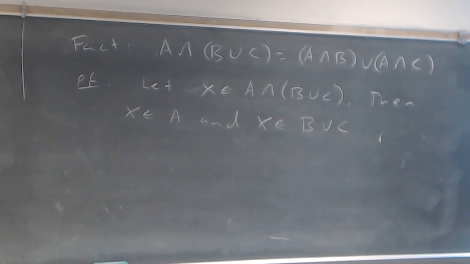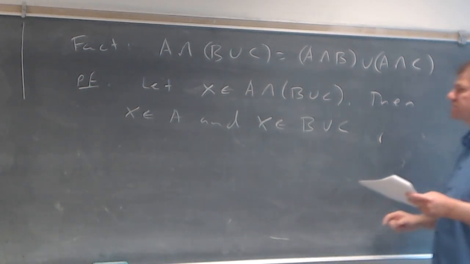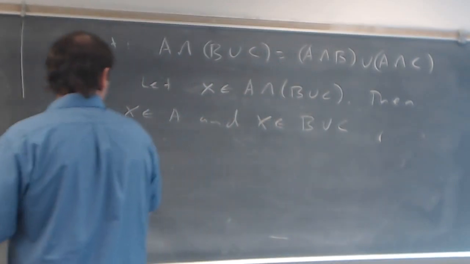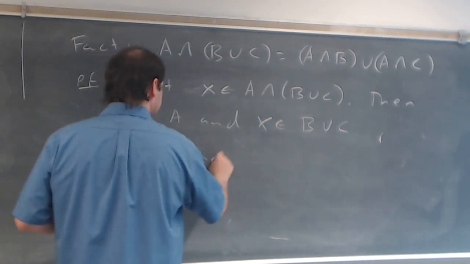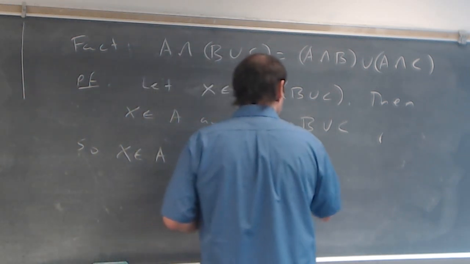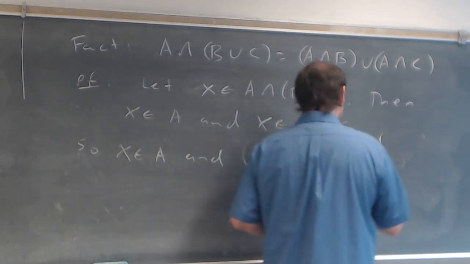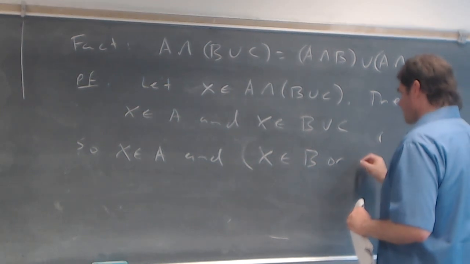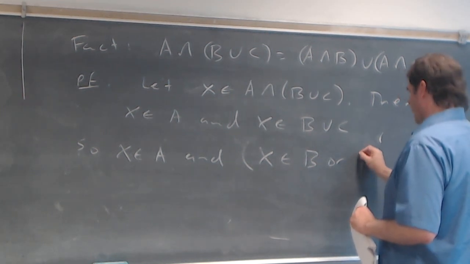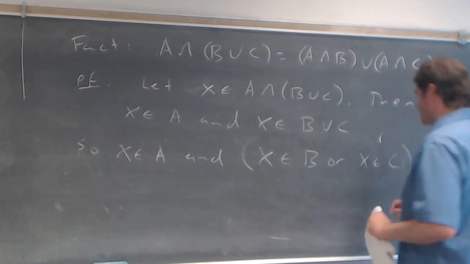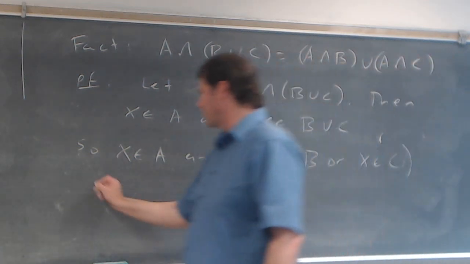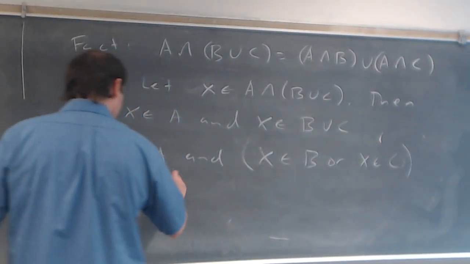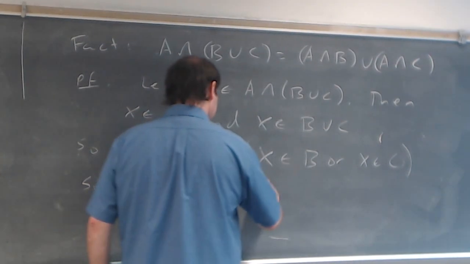Okay? So that means that X is an element of A, and X is an element of B, or, to be in this union, X is an element of C. So one of those two has to happen. Okay. So X is an element of A, we know that, and we have two cases.